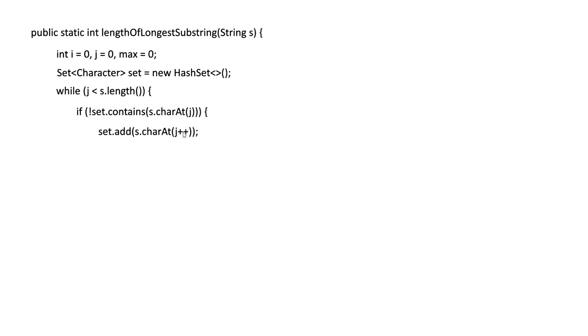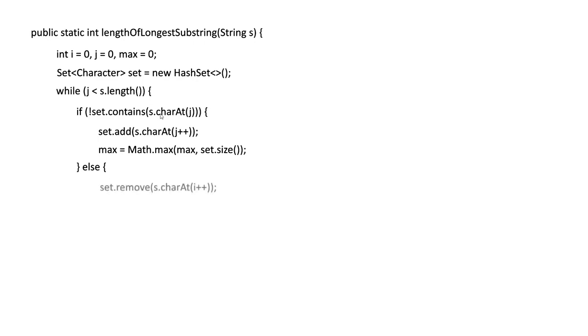We'll add the character, and then we'll increment J. And then we need to find the max. So we'll take the max of max, which we set initially to 0, and the set size. The first time through, we're not going to have anything in the set, so we'll add whatever's at J, and then the set size will be 1, because max would be currently 0 at that point.